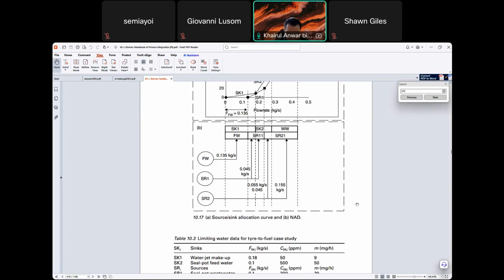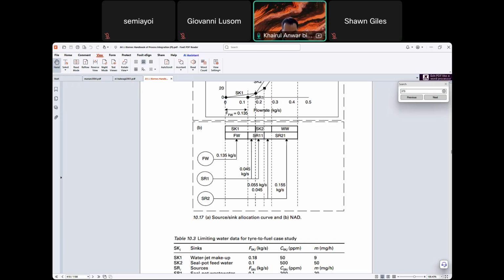So this one is for the SK1 and fresh water. Then we have source 1 is 0. So here this line, this is 0.05. SR1 for the SK2 is R1 and the SK2 is 1.